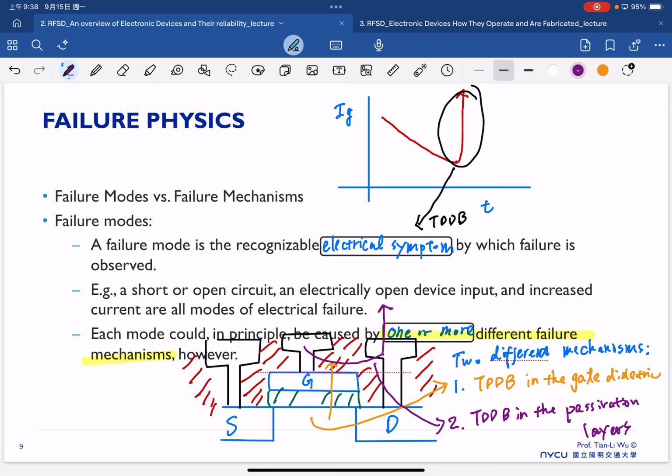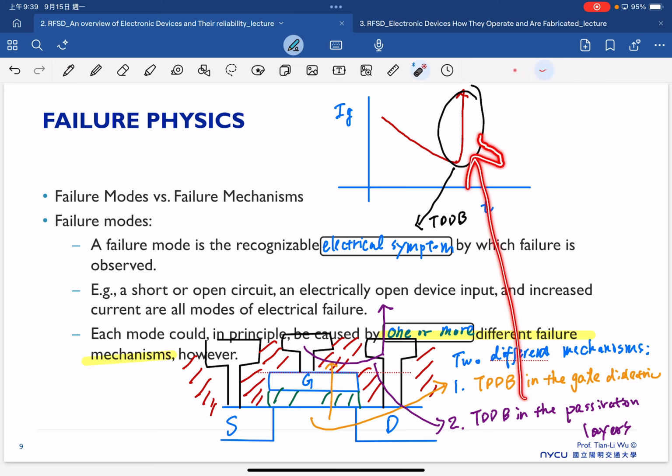So when we observe the failure mode as shown here, not only one mechanism can contribute. In fact, several different failure mechanisms can all contribute and in the end show the same high gate current after a certain moment.